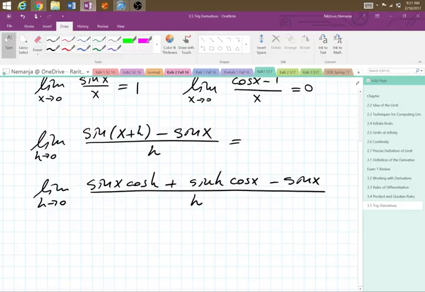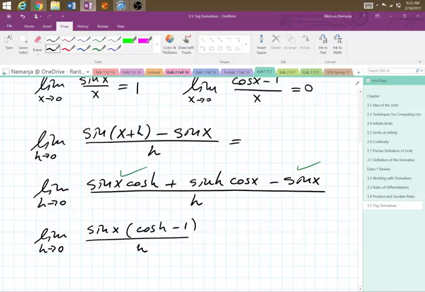We take the first and the last, we put them together and factor out sine x. So limit as h goes to 0, take the first 2, factor out sine x, we get cosine h minus 1, everything is divided by h, and then we have plus sine h cosine x over h.